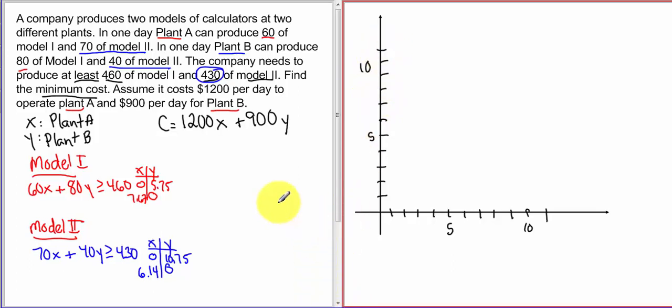So our red equation, you're just approximating these: 5.75 and 7, 5, 6, 7. Connect using your straight edge. Trust me, I'm not using a straight edge. I'm being a bad math teacher. The y-intercept is almost 11. The other intercept is a little bit more than 6.